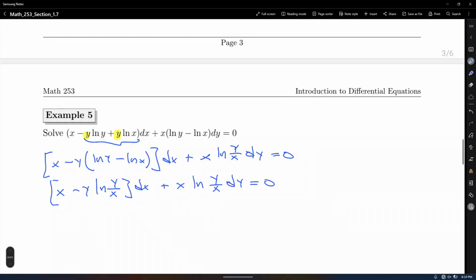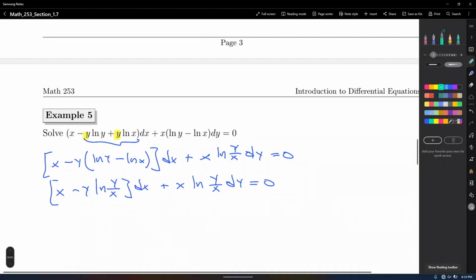Now, what do we have? We have an equation of the form M dx plus N dy. So we need to check whether each function that multiplies the dx and the dy is homogeneous, and specifically whether they are homogeneous of the same degree for both.